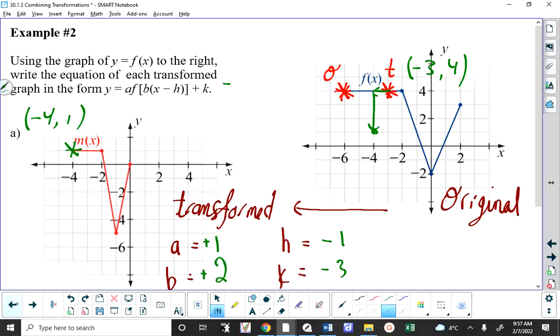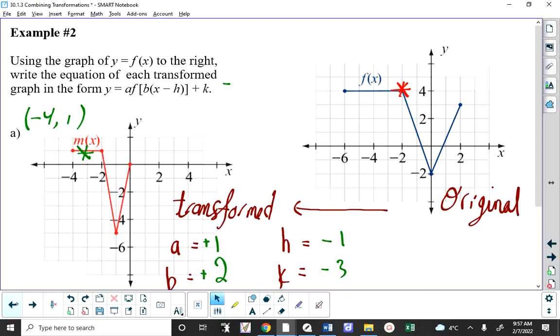Now, what if you didn't pick that point? What if you picked this point, which has to eventually land here? Well, if I stretch it vertically by a factor of 1, it doesn't move. Horizontally by a factor of a half, it lands here.